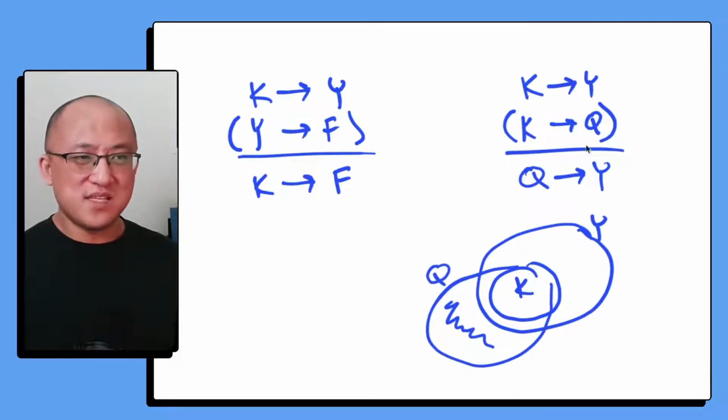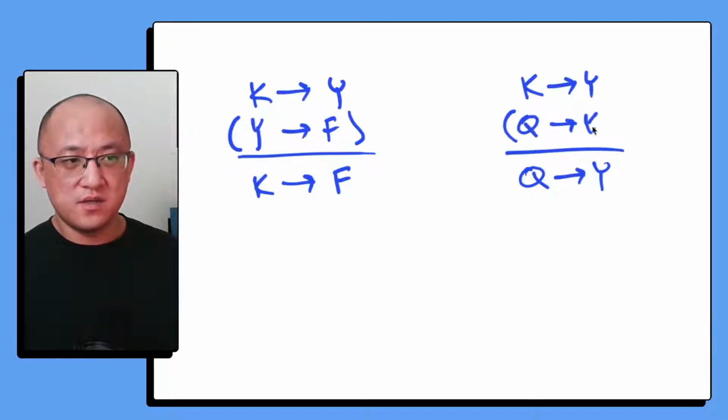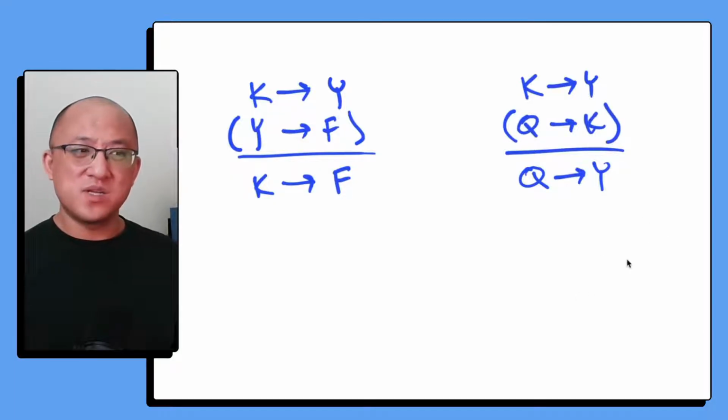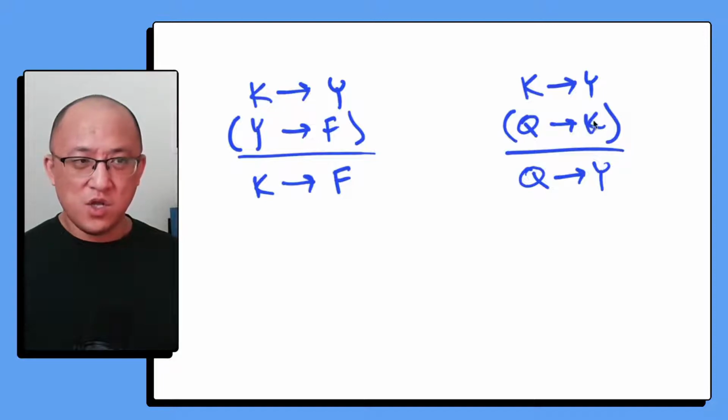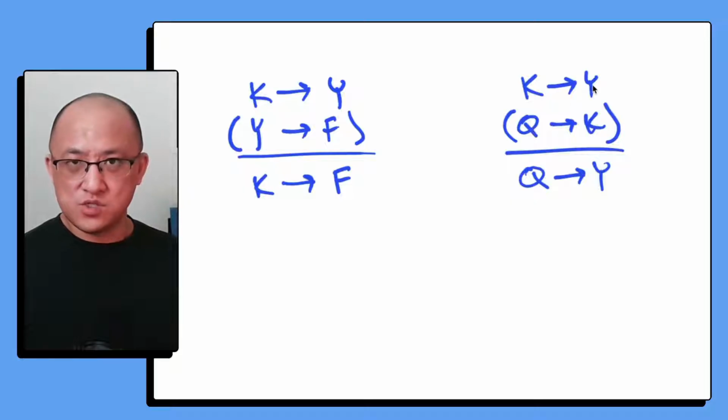So that's why this direction here is not going to prove our conclusion. The correct answer is going to be if Q, then K, because this would allow me to say all Q's are K, and if I know all K's are Y, that allows me to connect from Q to Y.